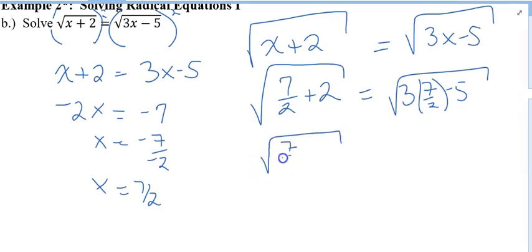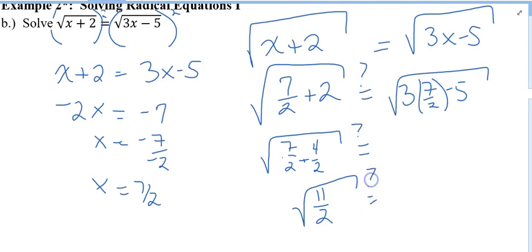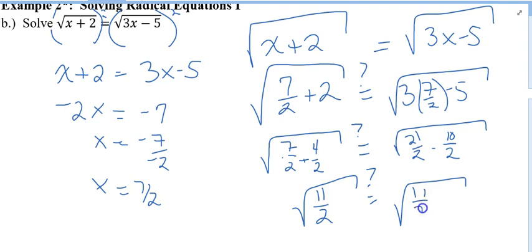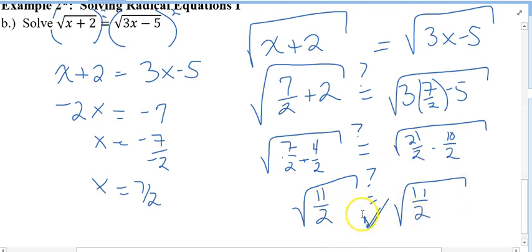So we're looking at 7 over 2 plus 4 over 2, which is 11 over 2. And on this side, we're looking at 21 over 2 minus 10 over 2, which is 11 over 2. So we know that this is a correct answer. Now, if you notice, I didn't actually evaluate what 11 over 2 is, and is that okay? Yeah, absolutely. Once we know that those two insides are the same, we're in good shape here.